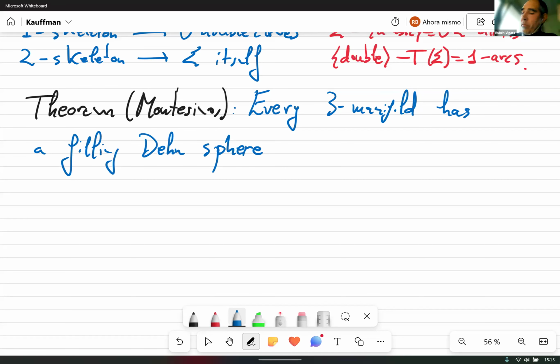He introduces this theorem based on previous works by Haken and Fenn and Rourke. And later, we could see that this filling Dehn sphere can be chosen to be null homotopic. Which is interesting for the next results.